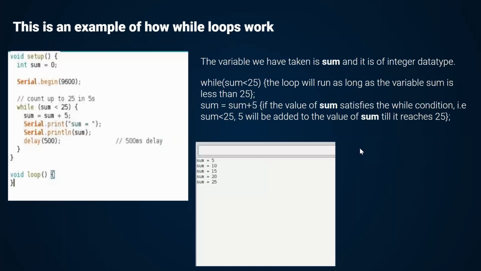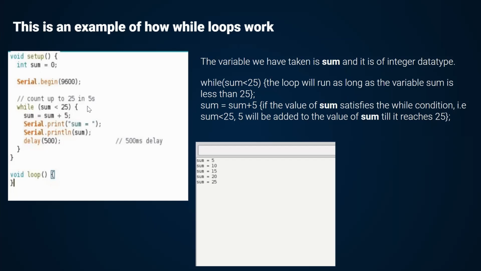Okay, so the next loop. So this is how while loops work. So as I told you, while loops work on a condition given by us. So here we have taken the integer data type variable sum and the value of sum is 0. So the while statement is used with a condition in the brackets that the sum is the variable here.